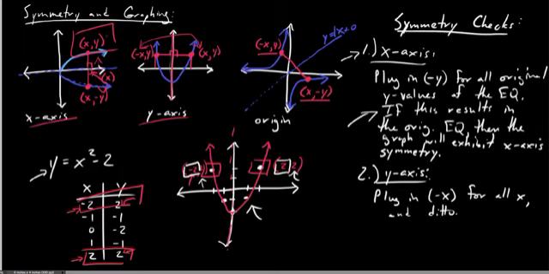And so looking at this, what if we did plug in a positive y here, or a negative y here? In each case, you'd end up with the same x regardless, or, algebraically, the same equation. And then the third check for symmetry is origin symmetry, with respect to the origin.